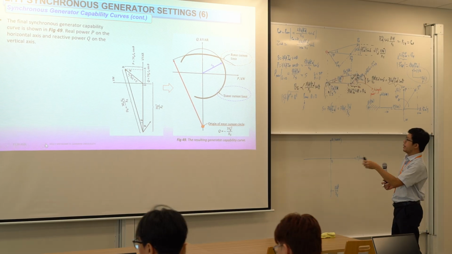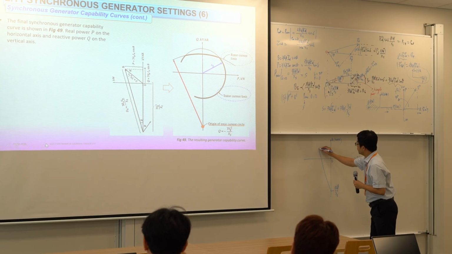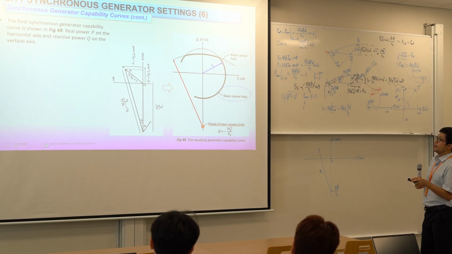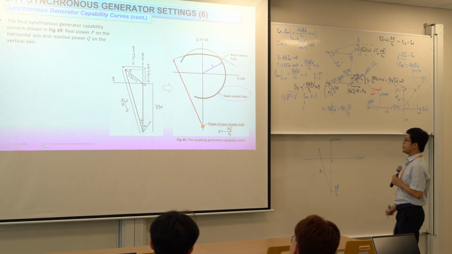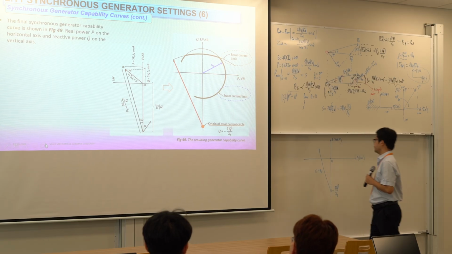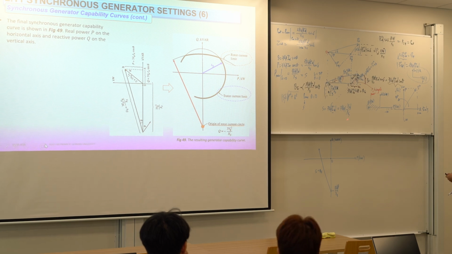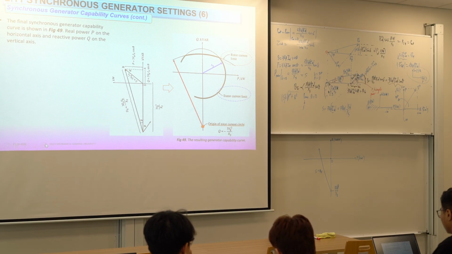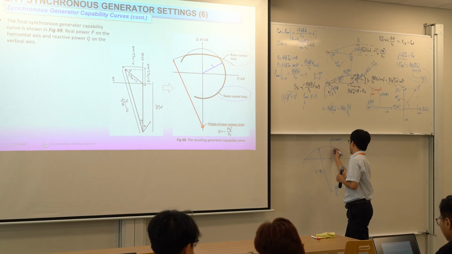So here, you get this one. This one is DA. DA is 3V phase EA over xs. What is this? This one equals S. So we can draw the circle now like this.